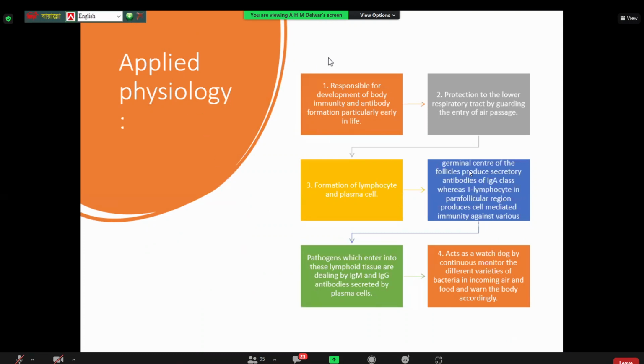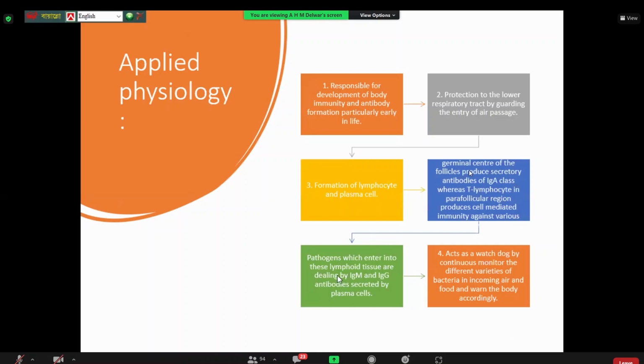Applied physiology. What is the applied physiology of adenoids? Responsible for development of body immunity and antibody function, particularly early in life, up to 2 years or up to 3 years. Protection of the lower respiratory tract by guarding the entry. Formation of lymphocytes and plasma cells. Germinal centers of the follicles produce secretory antibody of IgA class, whereas T lymphocytes in the parafollicular region produce cell-mediated immunity against various pathogens.